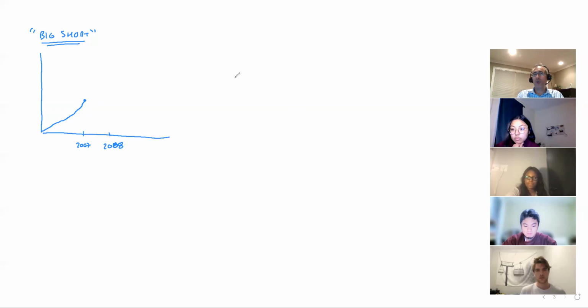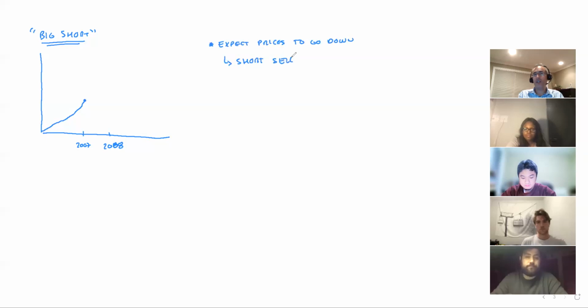Makes sense? So what do you do, guys, when you expect prices to go down and you don't have the assets? What is your best strategy? Short it. Yeah, exactly. What you do is short sell. So what is a short sell? Let's say agent one lends you IBM.